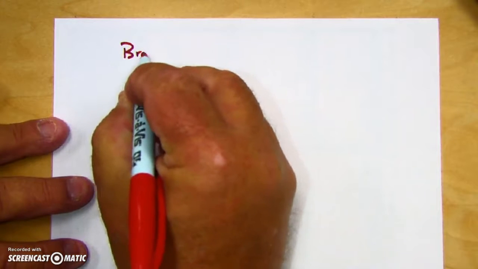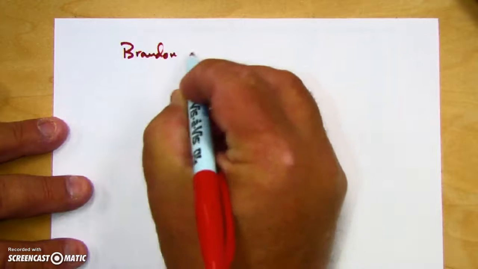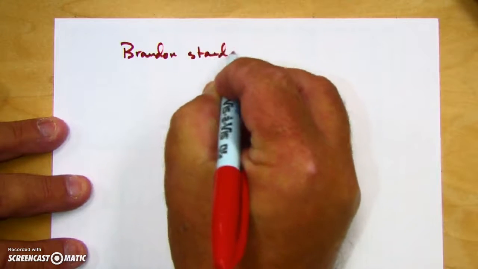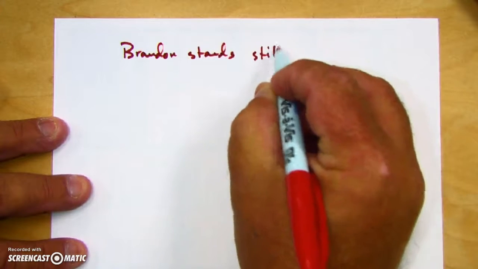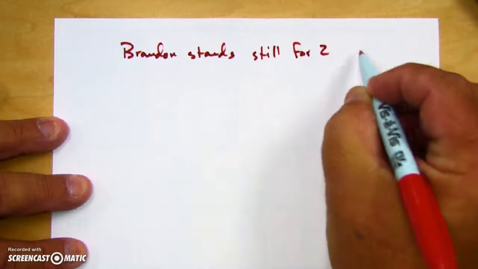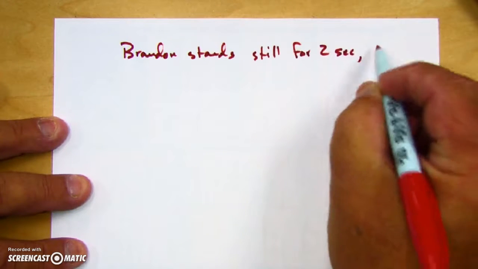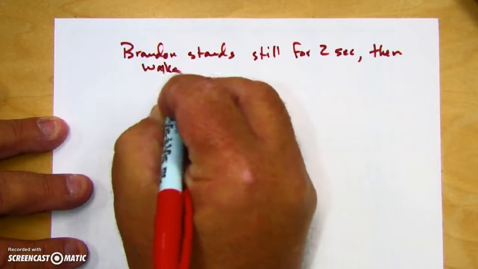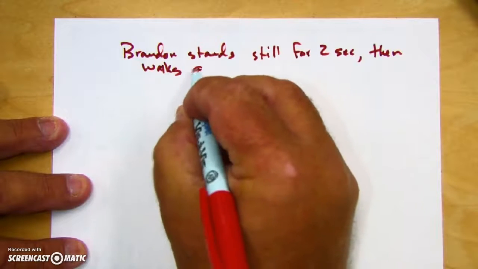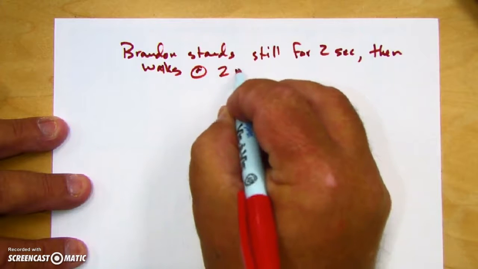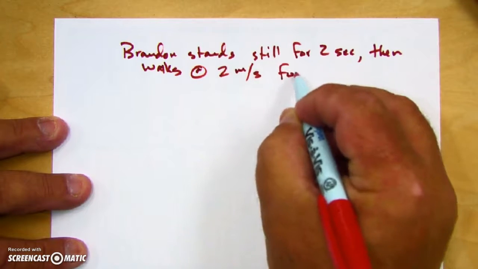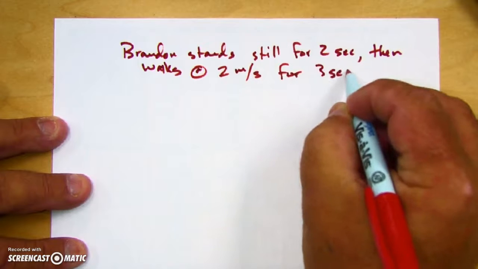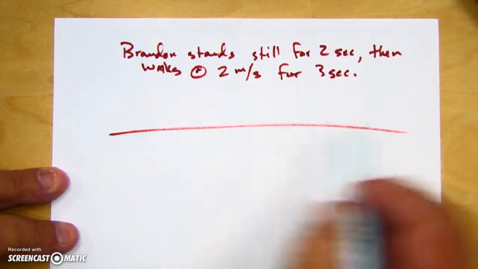Let's say Brandon then gets over being lazy. Brandon stands still for 2 seconds, then walks at 2 meters per second for 3 seconds.